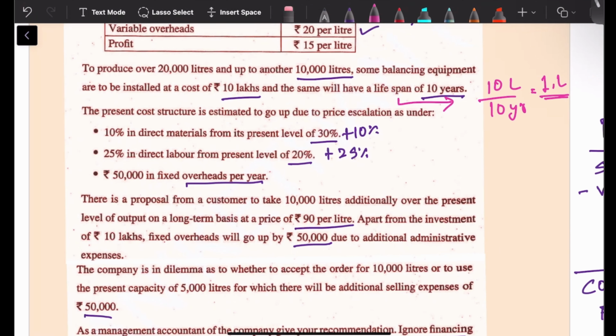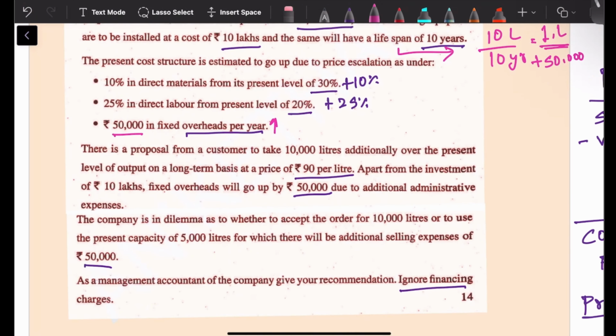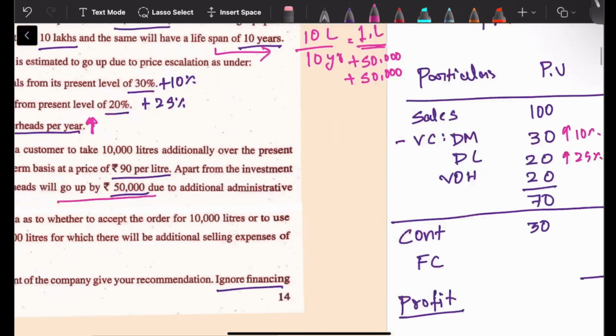And also they are saying 50,000 in fixed overhead per year. This also will go up, so plus 50,000. This is the regular increase in the fixed cost. Apart from this, the fixed overhead will go up by 50,000 due to additional administrative expenses, plus another 50,000 rupees. So now I will add all of them into the cost sheet.